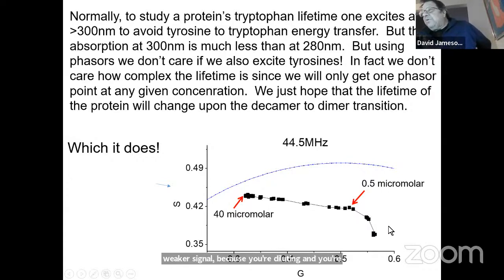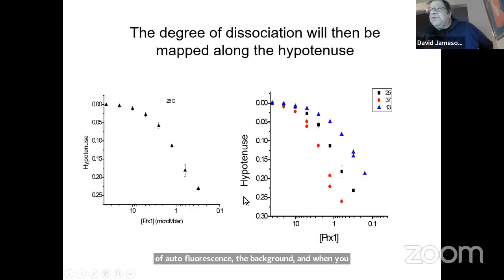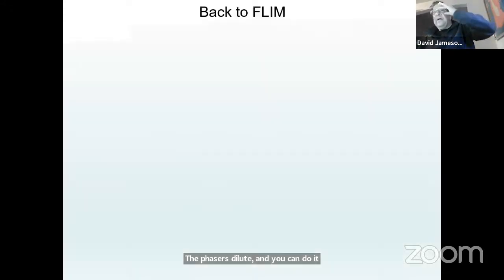And you'll see when you do the in vivo work with phasors, you'll see a lot of autofluorescence, the background. When you clean this up, you no longer see that, and you see this beautiful dissociation curve. So you can follow the dissociation very quickly. It's just measure the phasors, dilute, measure the phasors, dilute. And you can do it at different temperatures. We did a lot of work, and that's published now.